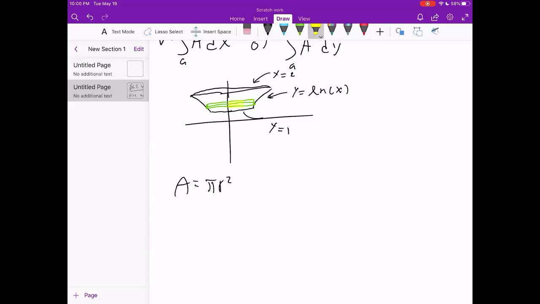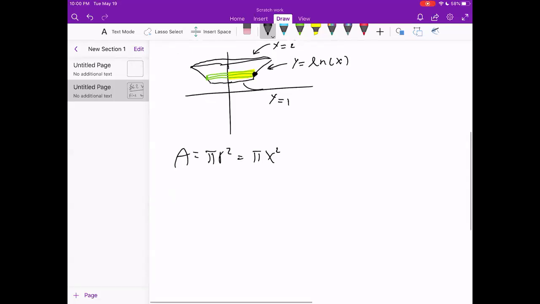My radius, which I'm going to highlight here, is that distance there. And you ask yourself, what can I use to represent that distance? Well, I can use the x coordinate of wherever I'm at. So I can write this as pi x squared.